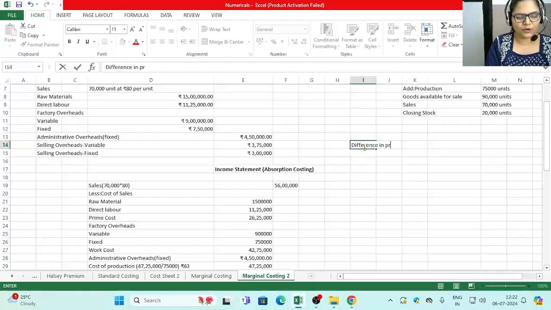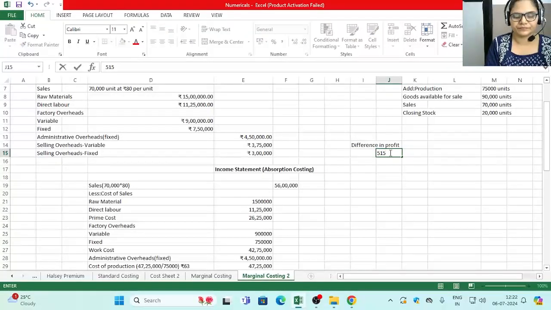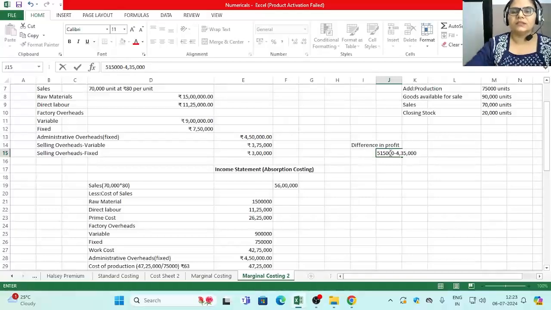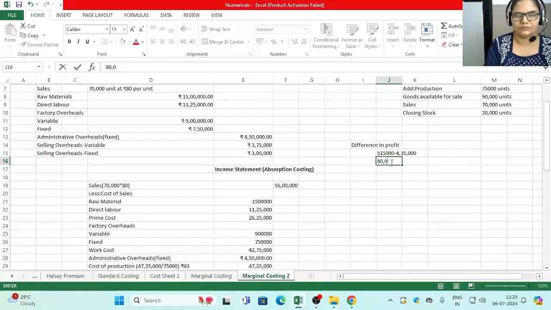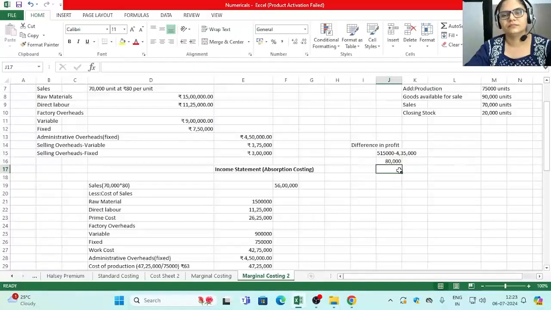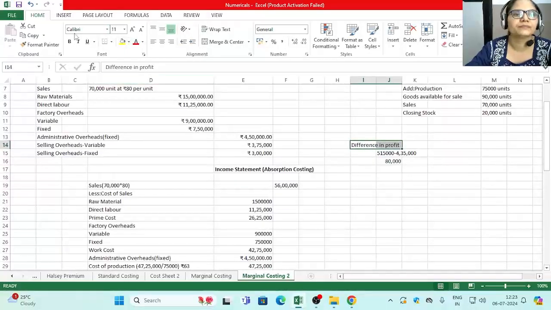Difference in profit: we can see absorption costing is having 5,15,000, then we are having 4,35,000, which will be a difference of 80,000. So this is your difference in profit.